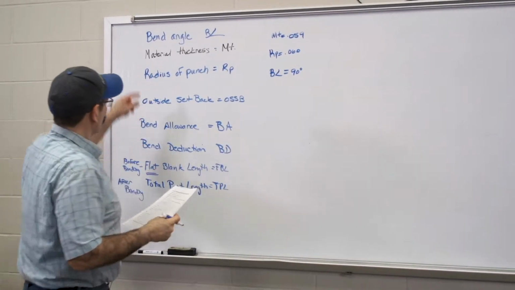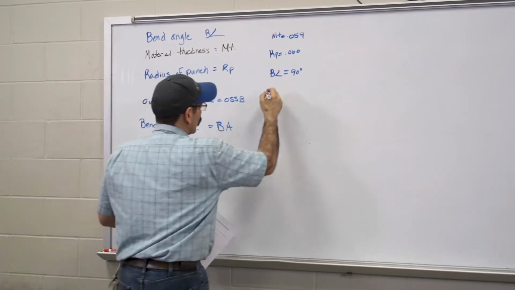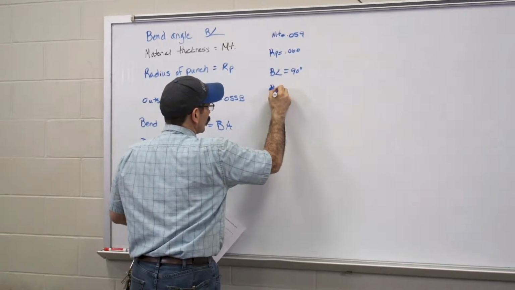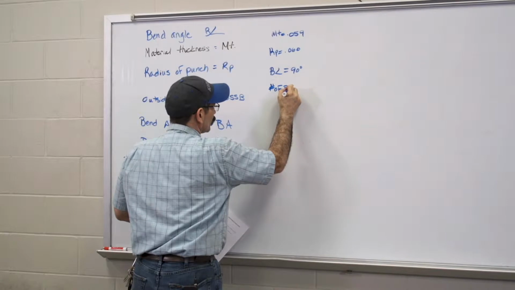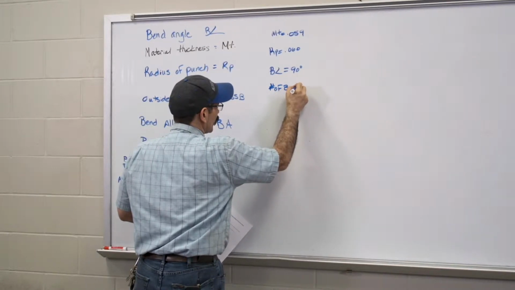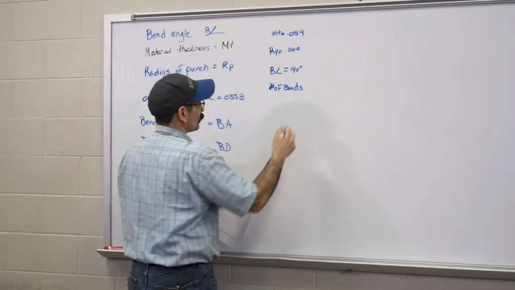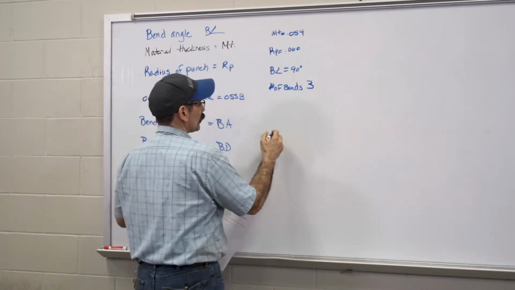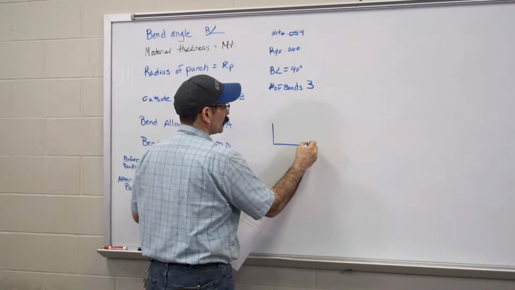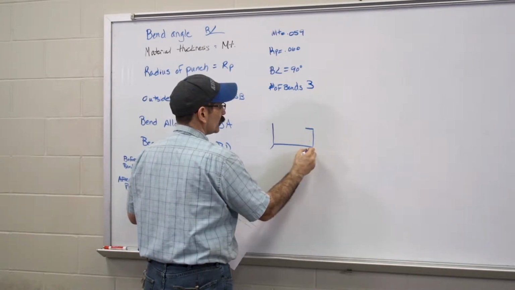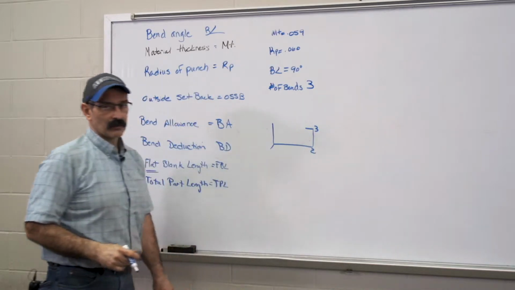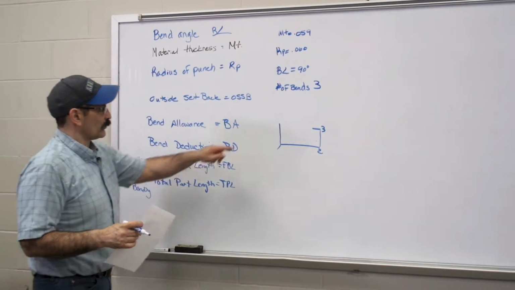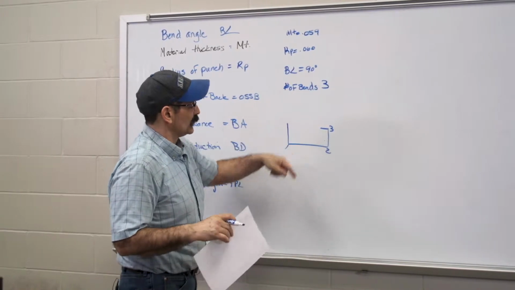Now, one thing we didn't talk about here, which is okay, is the number of bends. How many times do I bend it? On this part we're going to talk about is 3. So if I was looking at a part, 1, 2, 3. 1, 2, 3. 3 bends. So now I know I got 3 bends, and they're all at 90 degrees.